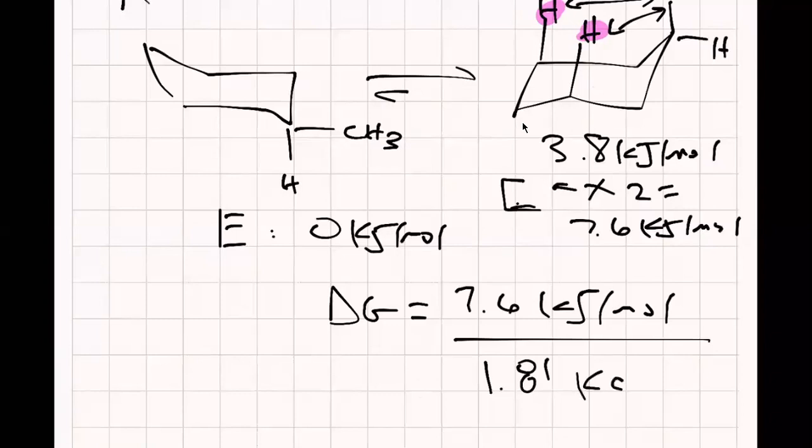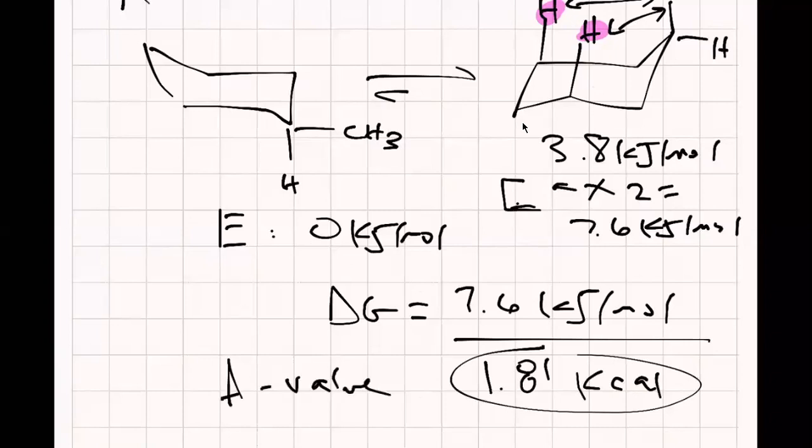So that delta G number, we also call that the A value. The A value is the difference in energy between the two isomers.